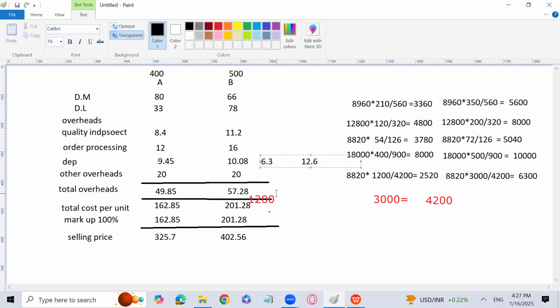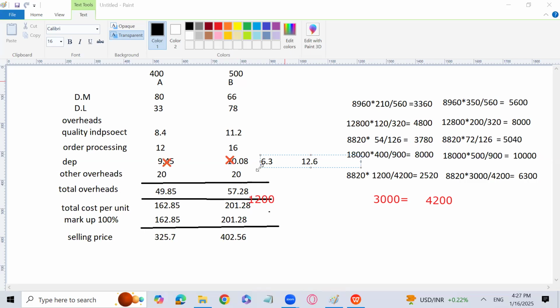Okay. So what will happen actually? Overhead cost according to this is going to change. So let's calculate it. The new overhead cost, what is going to be, tell me? 8.4 plus 12 plus 9.5. No, we will take 6.3. Instead of taking 9.5, I won't take these figures.